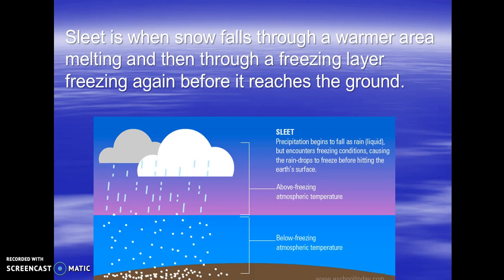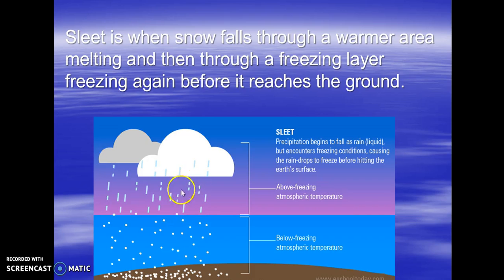All right, sleet. We get a lot of that here in Texas. Well, what forms this? Well, what can happen is you will have, say, rain or snow that will fall. It will actually go through a warming area to where it'll melt into rain droplets, and then it will drop through a fairly deep area of below freezing air, and it will freeze into little pellets, and that's what forms sleet.